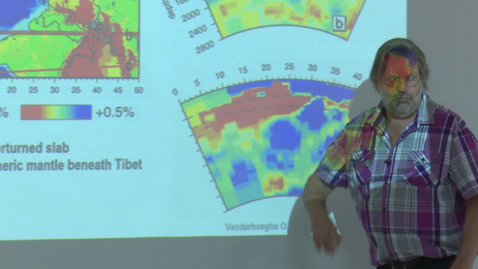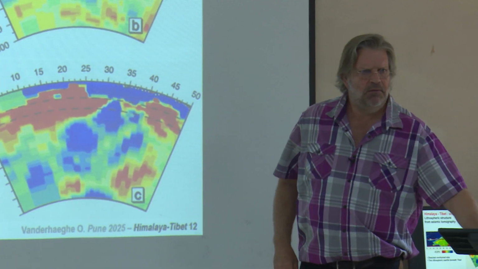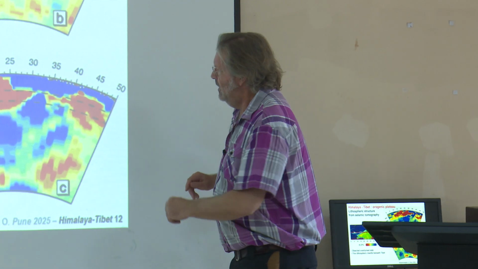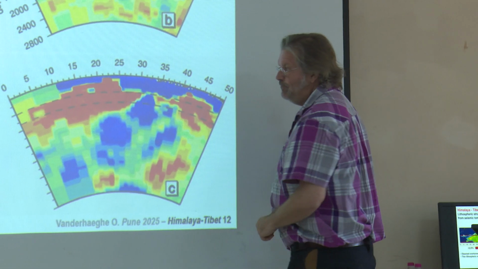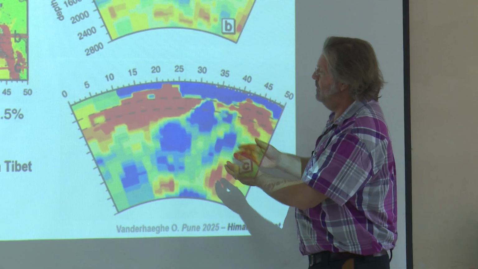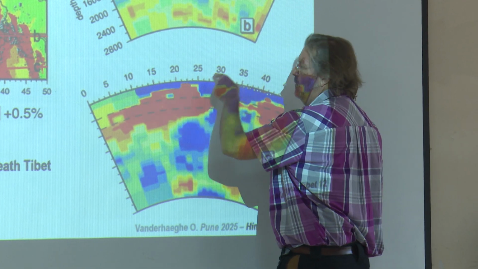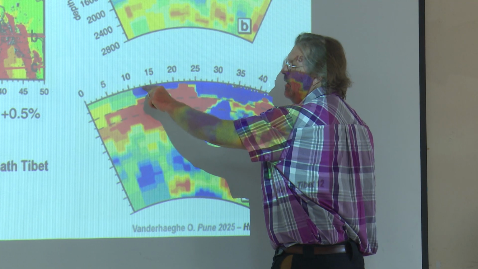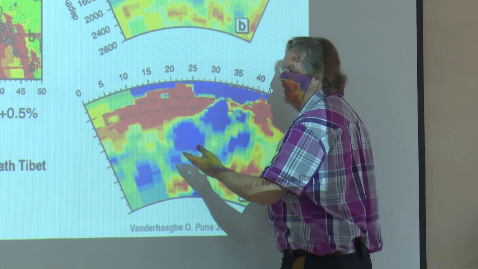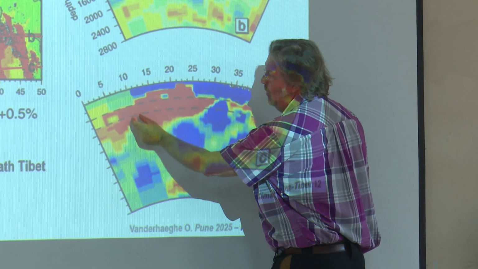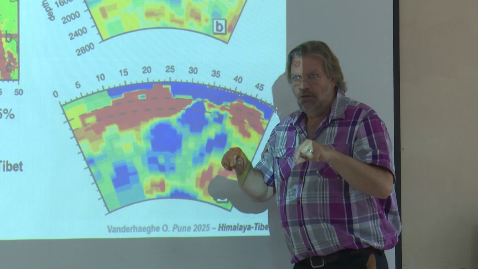And what I explained to that person yesterday is that the problem here is with seismic wave propagation. You compare the time of arrival of seismic waves with the time of arrival that is predicted by a 1D model. And all these squares here are cells.